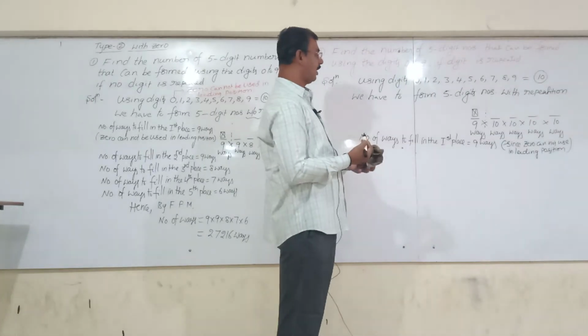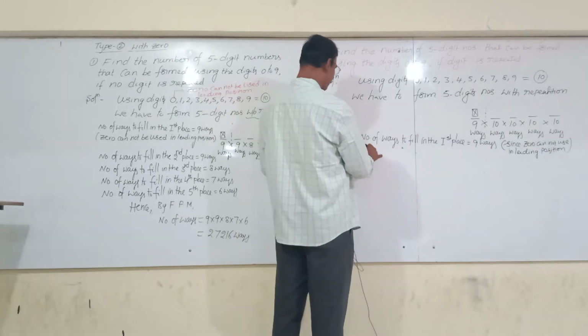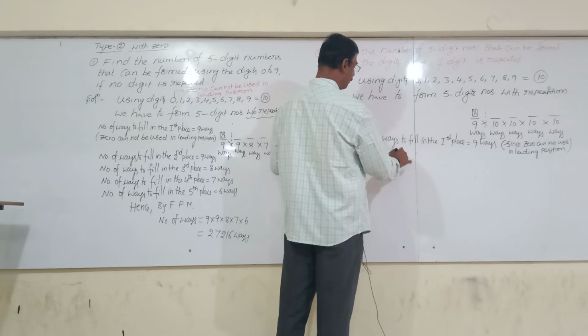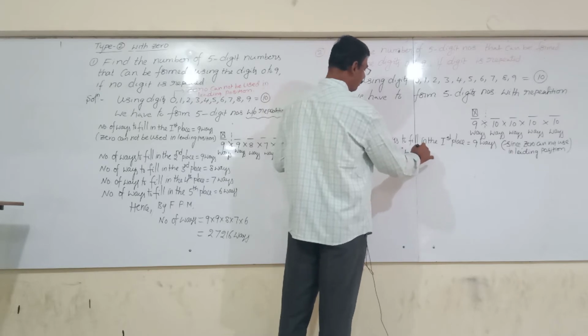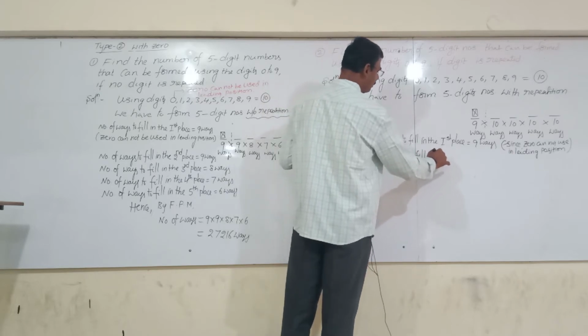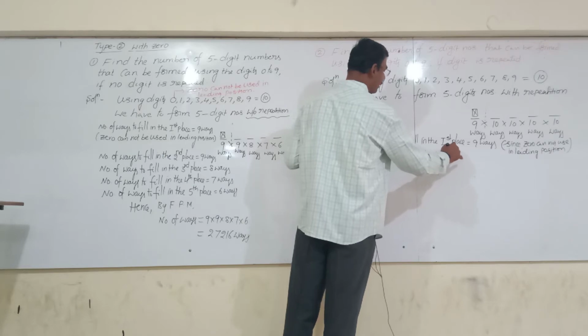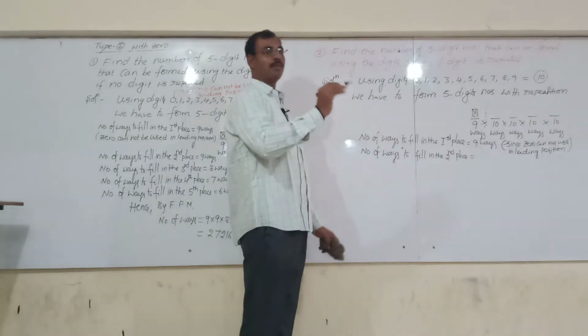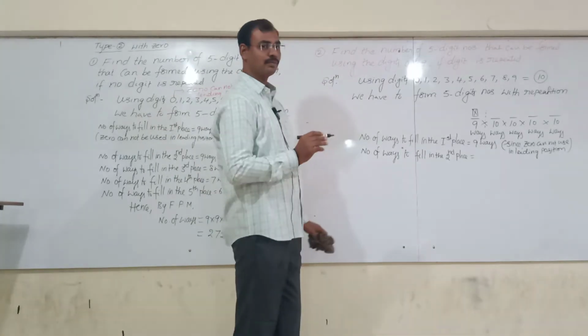Similarly, we have to write the remaining positions. Number of ways to fill in the second place. It is very simple. Once you understand, it is very easy to find out these questions without any formula. Only the technique should be followed.